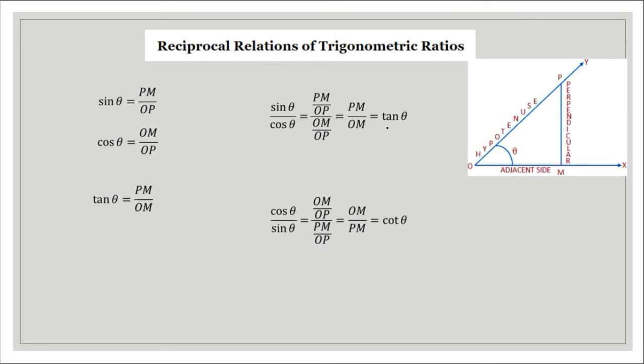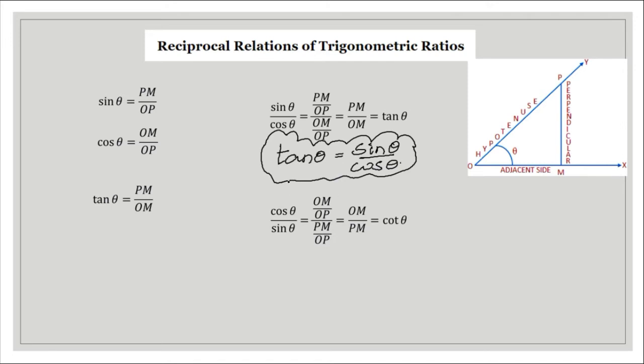It's nothing but tan theta. So the result obtained is tangent of theta is the ratio of sin theta upon cos theta. Very important, you must know this. We are going to make use of this concept, reciprocal relation, in solving a few questions.